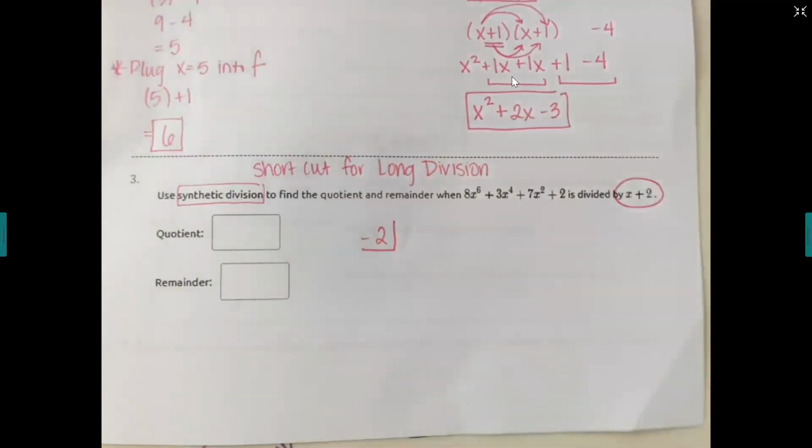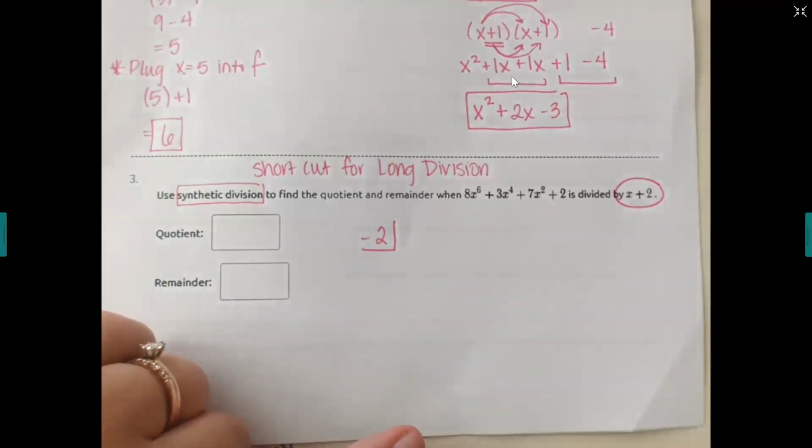And then from here, I'm going to list out all of my coefficients, but will you look at that carefully and tell me what we need to pay attention to? Yeah, the x's have to count down by what? 1 each time, right? So if there are any skips, what do I put in those positions? A 0. So I have a skip. I think you had said x3.